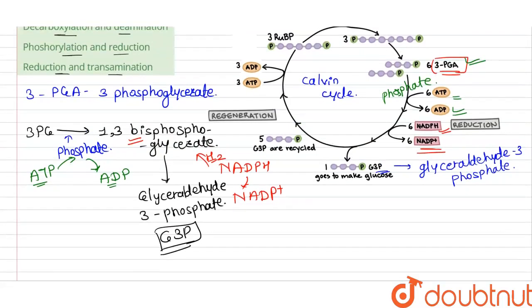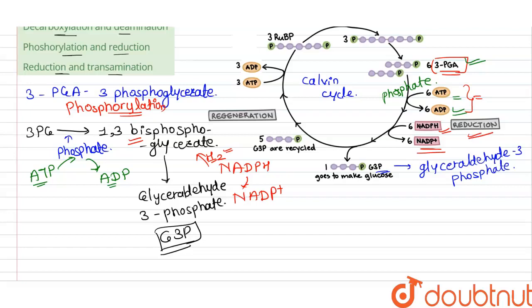In this 3-PGA conversion into G3P, two processes are being done. First, the phosphate usage causes the process called phosphorylation. First the phosphorylation takes place. After that NADPH is converted into NADP plus, which means the hydrogen atom is being used, and for that obviously reduction takes place. So the reduction process is also done here.